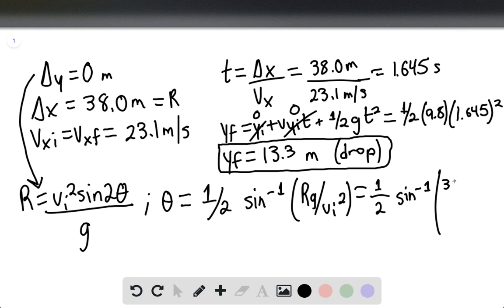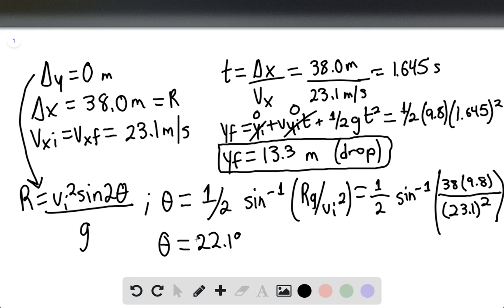So in this case, 38 times g, so 9.8, divided by V initial squared, so 23.1 squared. And we find that theta equals 22.1 degrees. So this is the correct angle to shoot the arrow in order to compensate for this 13.3 meter drop and hit the target with the arrow.